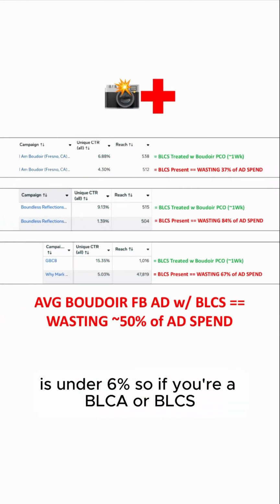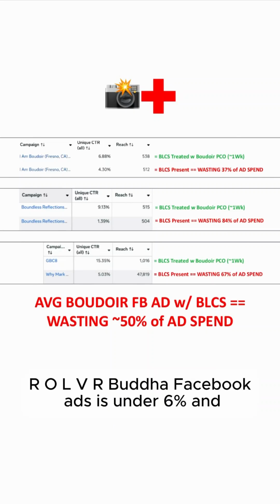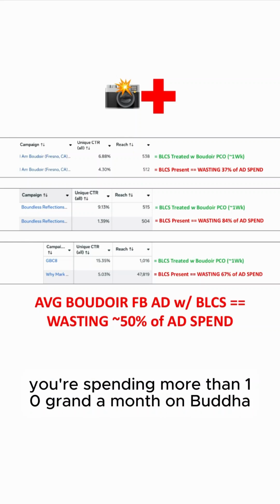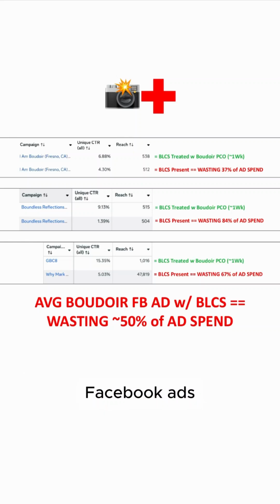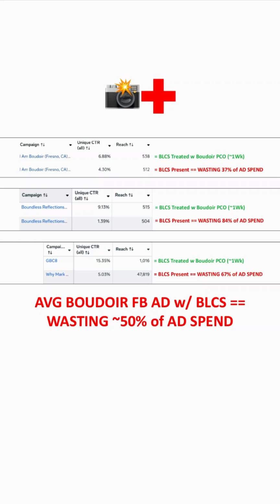So if you're a BLCA with BLCS, a Boudoir low click advertiser with Boudoir low click syndrome, the unique CTR of your Boudoir Facebook ads is under 6%, you're spending more than 10 grand a month on Boudoir Facebook ads, and you decide you need to pull some more profit out of the business. You've optimized other parts.